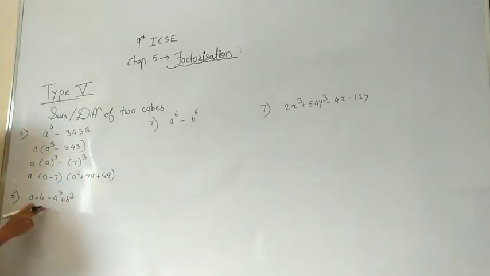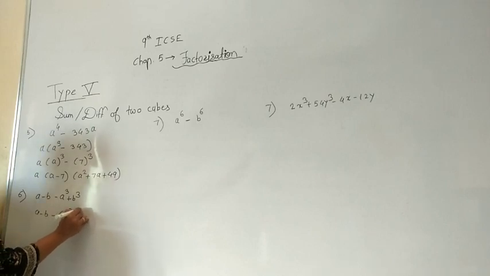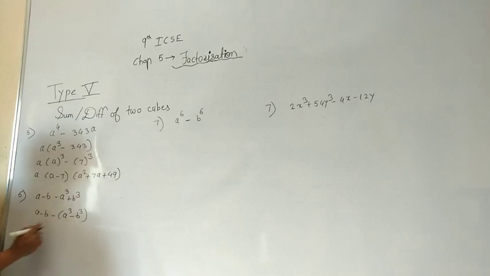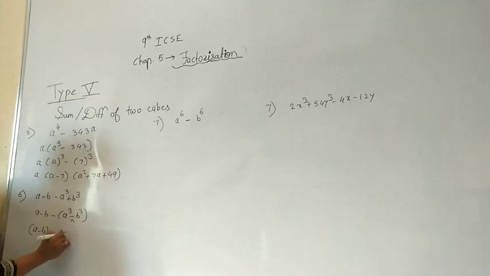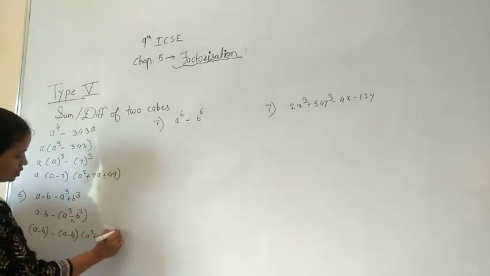Okay. Now this question, here a minus b, this minus sign I'm taking out so that this sign will change. So it will be a cube minus b cube. Now factorization of a cube minus b cube we know about. So a minus b in one bracket minus, this is factorized as a minus b, a square plus ab plus b square.